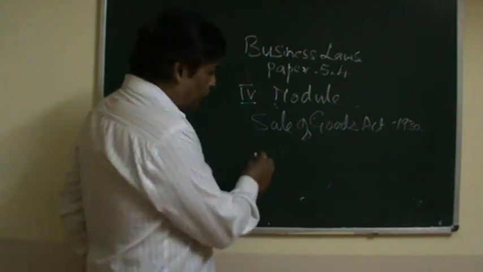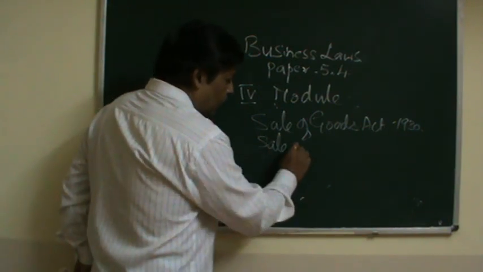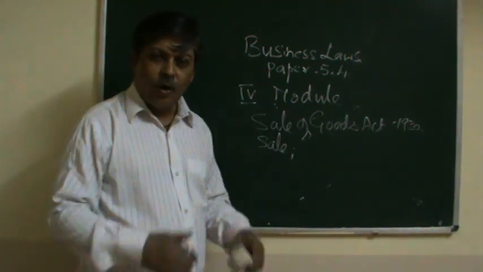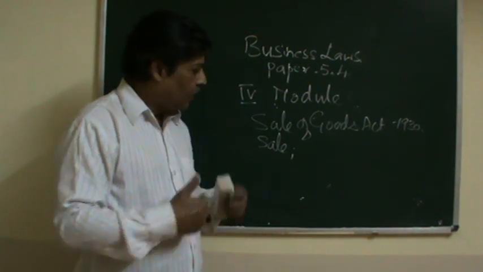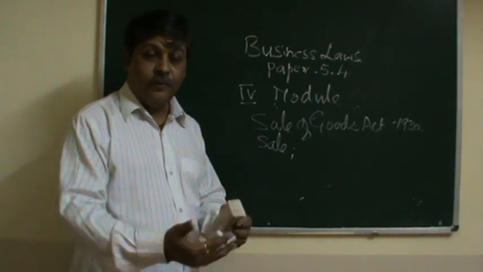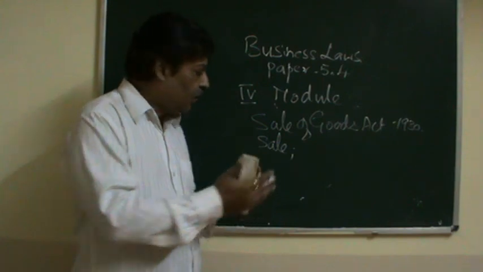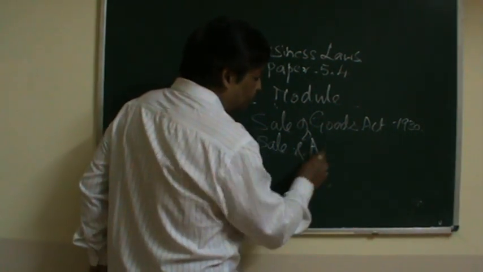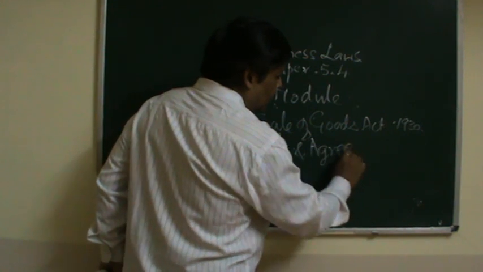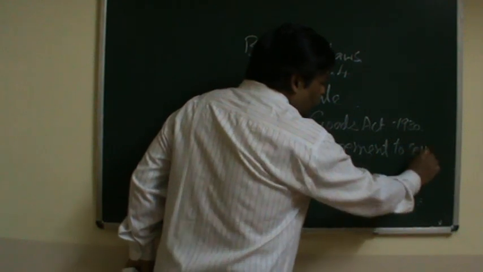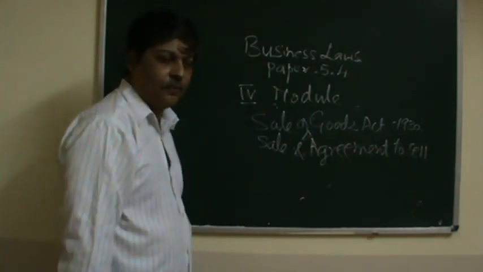The first thing we are going to study is the definition and meaning of contract of sale. What do you understand by the term sale? Then we are going to study the distinction between sale and agreement to sell. What is the distinction between these two?